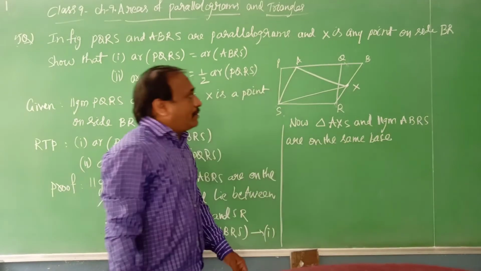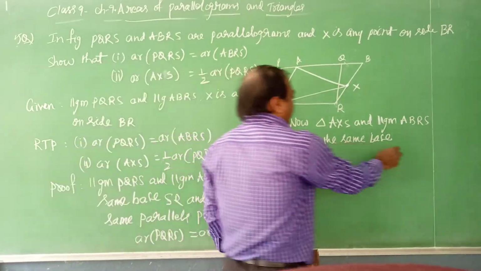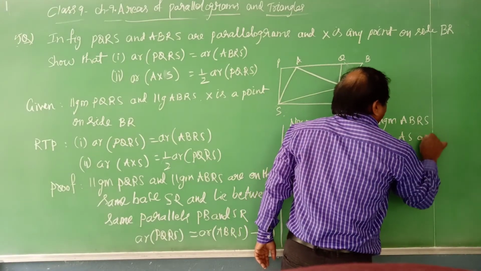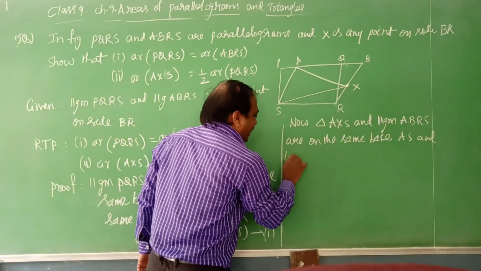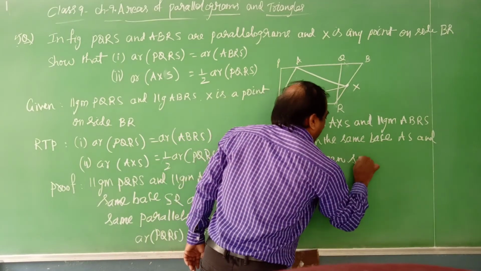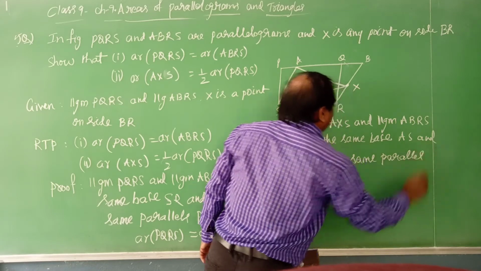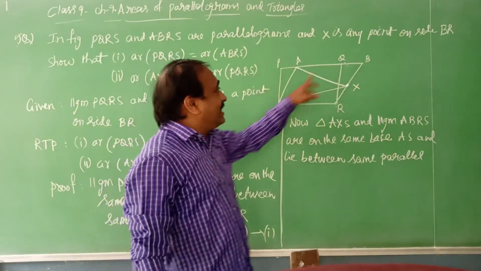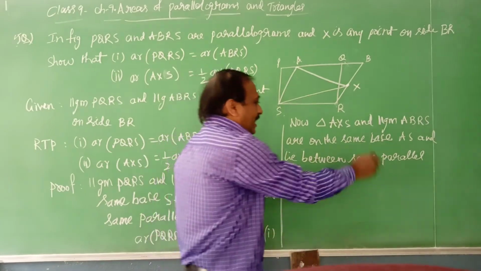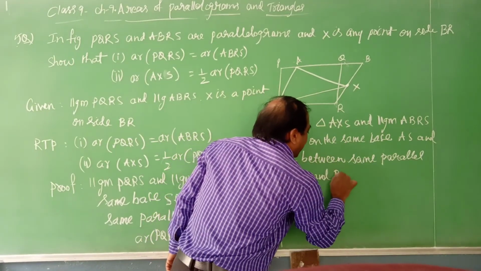What is the same base? You observe it now? Yes, you are right. The same base is AS. They are on the same base AS and lie between the same parallels. What are the parallels here? AS and BR.